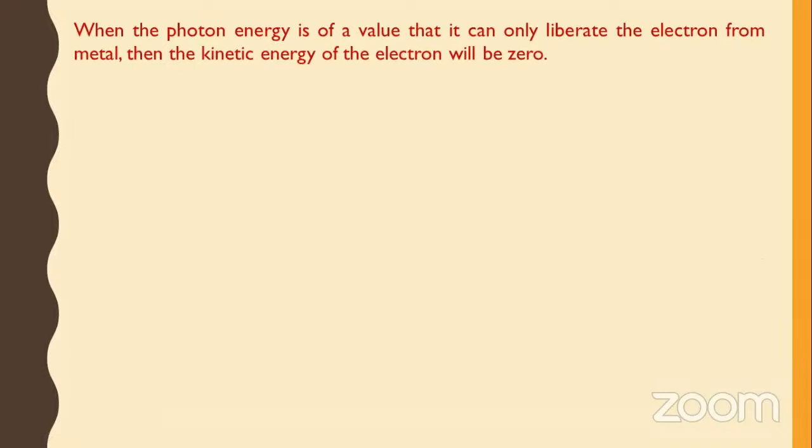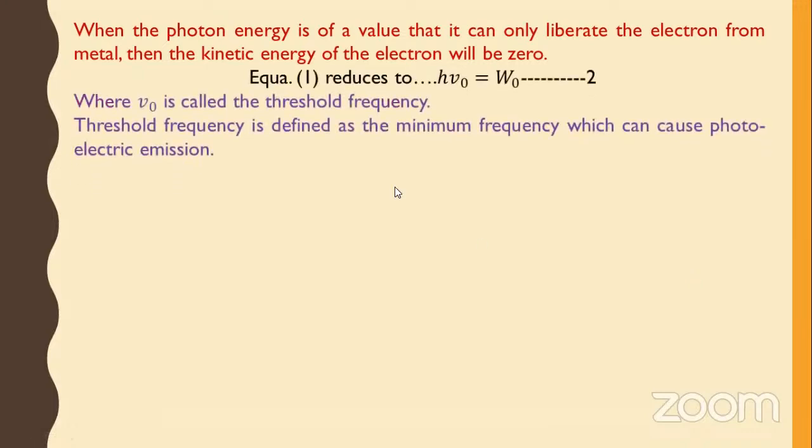Next one. When the photon energy has a value which can only liberate the electron from the metal surface, the kinetic energy of the electron will be 0. Therefore, in equation 1, with no kinetic energy, it reduces to h nu naught equals W naught. This is the case in the initial state, where the photon energy can only liberate the electron from the metal surface.